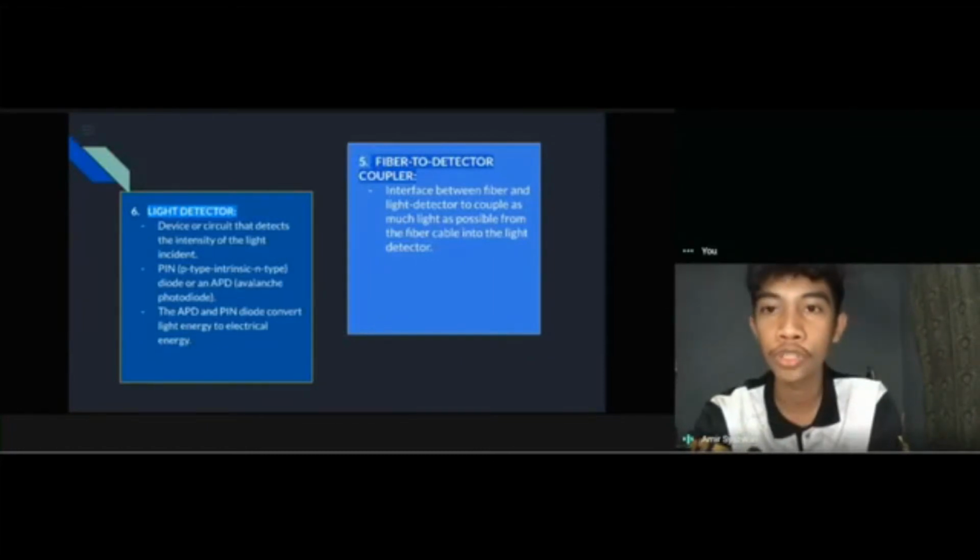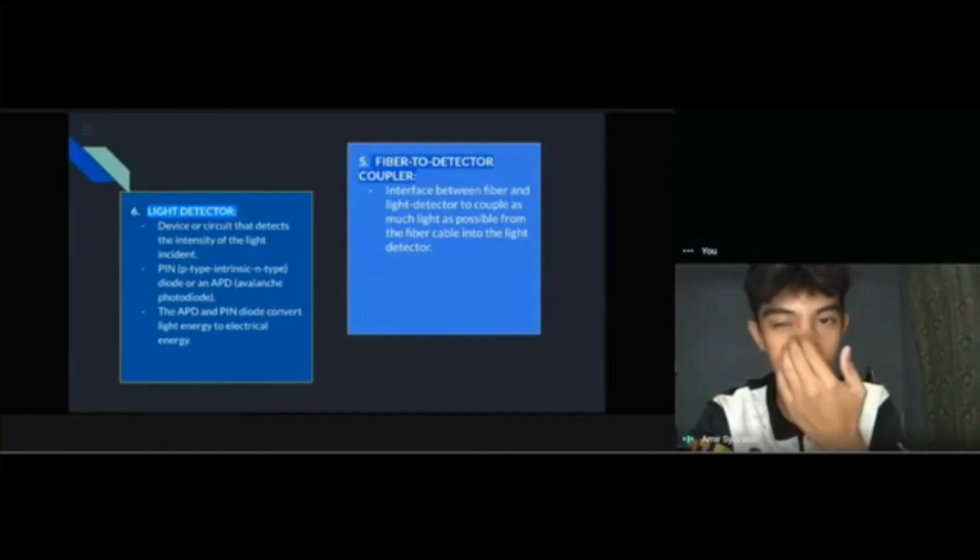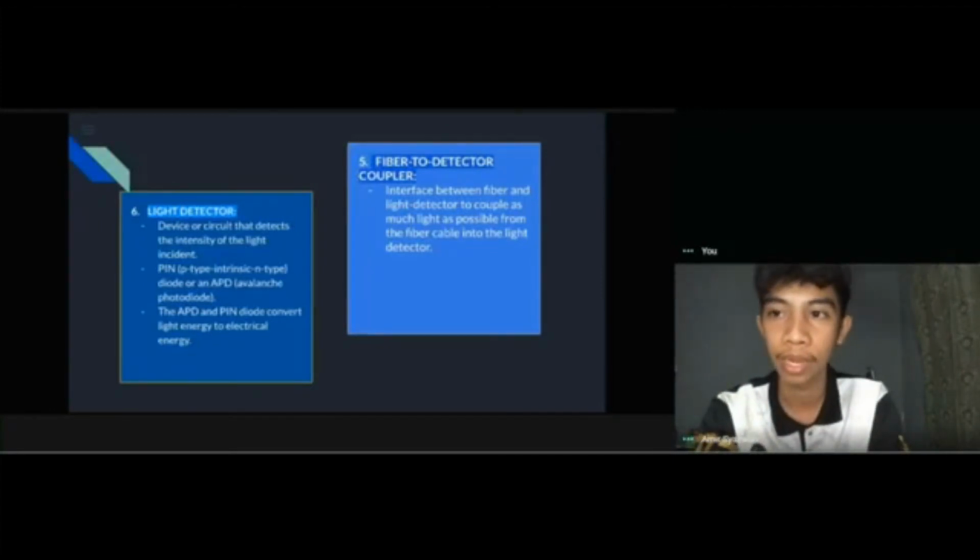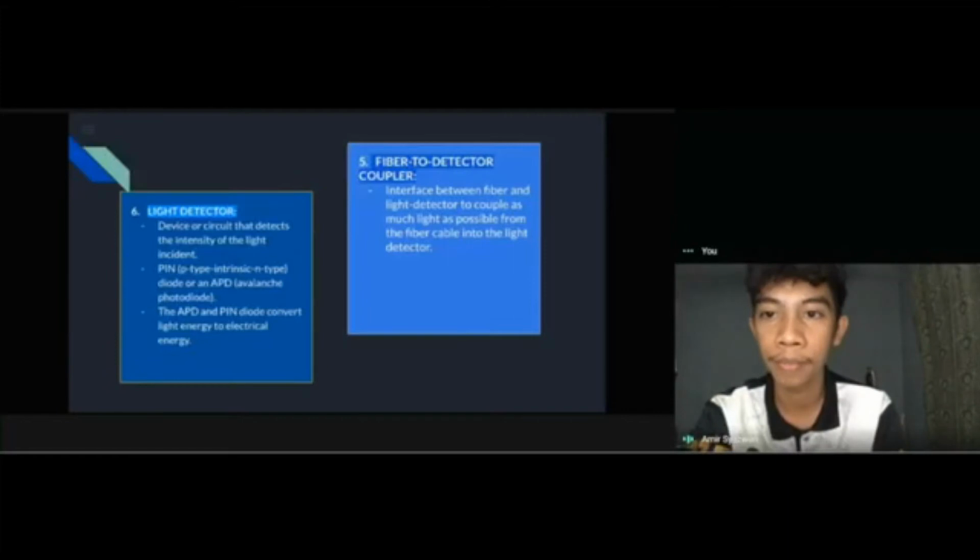The commonly used light detector is either a PIN, which is a P-type intrinsic N-type diode, or an APD, avalanche photodiode. The APD and PIN diode convert light energy to electrical energy or current.